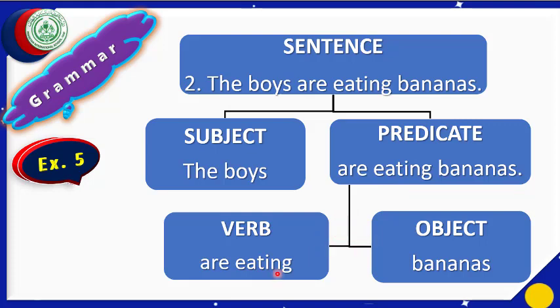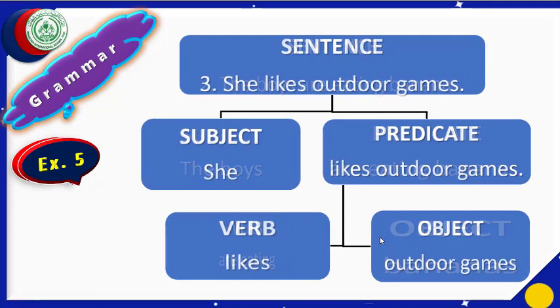What will be the verb? Are eating. What will be the object? Bananas. In this way, we shall break this given sentence into subject, predicate, and then predicate into verb and object. Let us move to the next part.